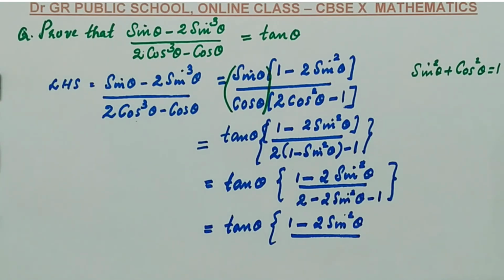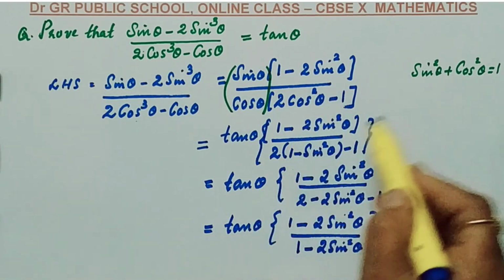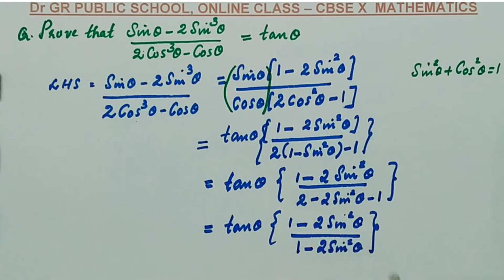Here remains a 2 and a 1. 2 minus 1 is 1. There remains minus 2 sin square theta. So my aim is to cancel these two brackets to get the answer tan theta. Converted both of them to sin square theta. Now 1 minus 2 sin square theta in the numerator cancels with 1 minus 2 sin square theta. So the answer is tan theta, which is your RHS.